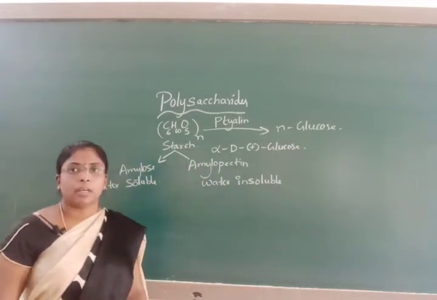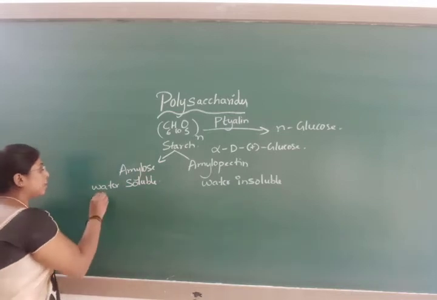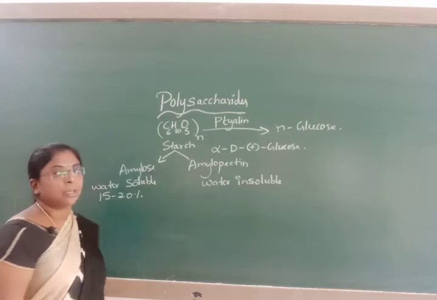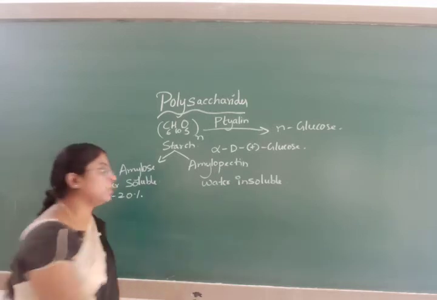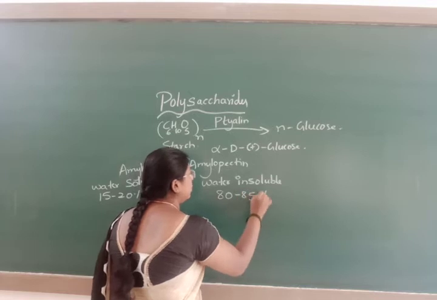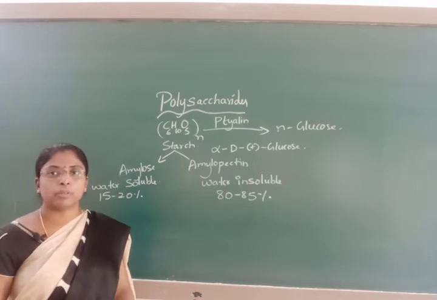The starch contains 15 to 20% amylose, whereas 80 to 85% of the starch constitutes the amylopectin. Amylose is water soluble.